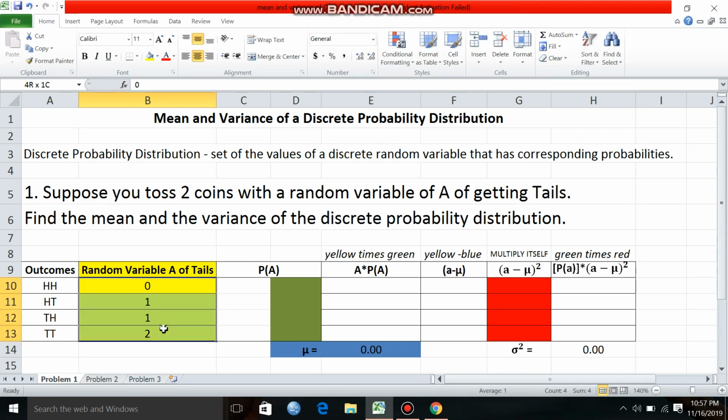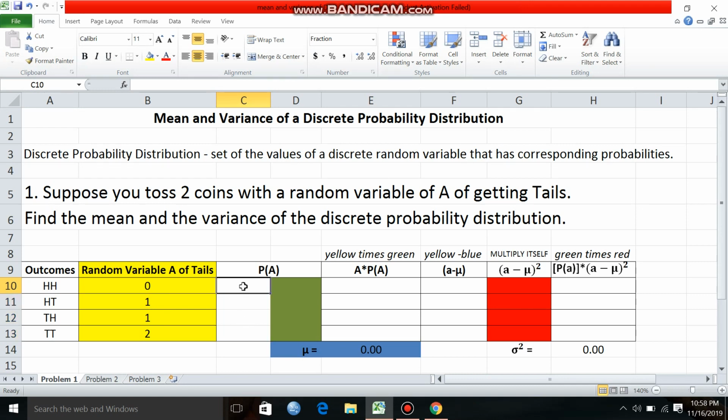As you can observe, the random variable values are 0, 1, 1, and 2, and they are all natural numbers, and this makes the distribution a discrete random variable. In every random variable value, we can identify a probability, so that makes it a discrete probability distribution.